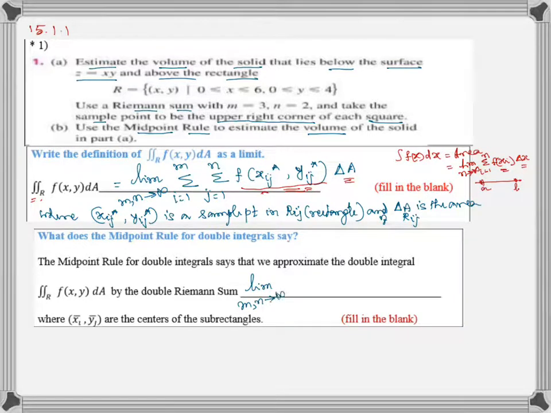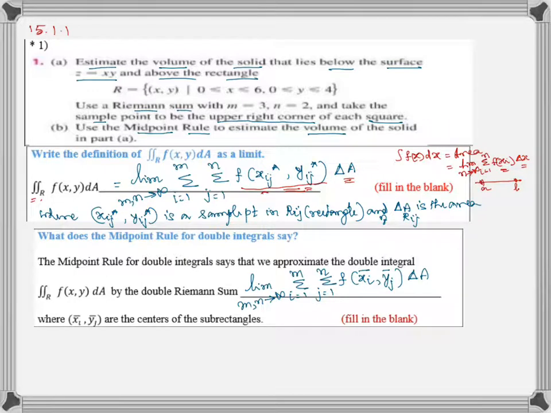Limit as m and n approach infinity, sigma i varying from 1 to m times sigma j varying from 1 to n, f of xi bar, yj bar, delta A, where xi bar, yj bar are the centers of the subrectangles. So that is what the midpoint rule is.